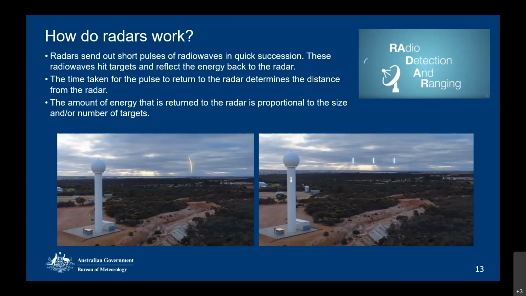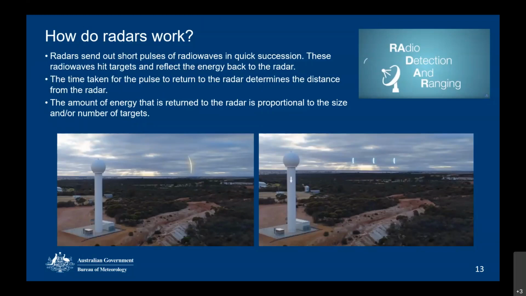So it sends out a pulse, which goes out into the atmosphere and hits a target. The time that the energy comes back to the radar tells us how far the target is from the radar. Also, the intensity of the target that it hits will give you either a larger or a smaller signal return. We work out the direction from where the radar antenna is actually looking, anywhere from 0 to 360 degrees.